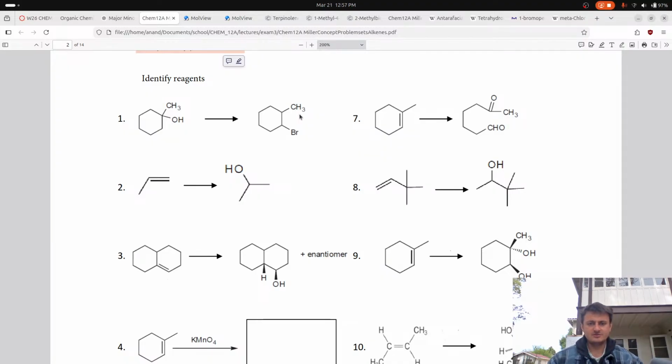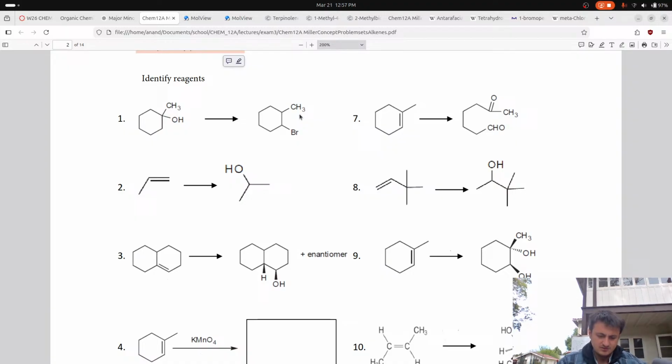Okay, here we go. This one looks really easy. Is it? Yeah, this one's easy. This is just going to be add acid, H2SO4 or something.